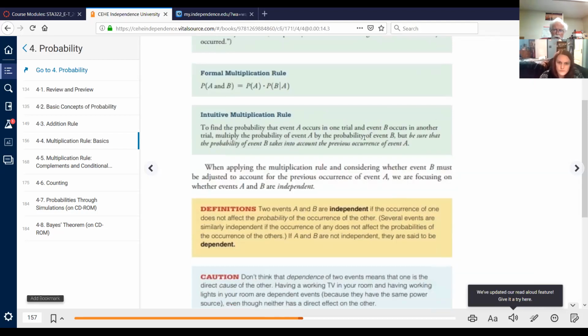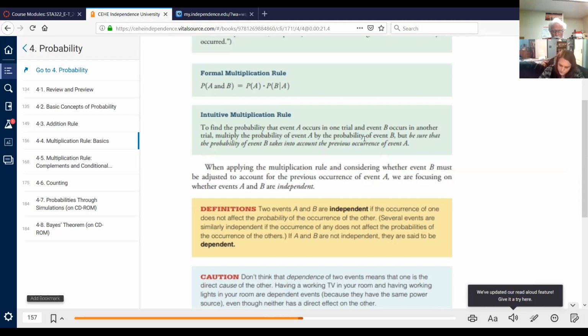So what we do is we multiply the probabilities together. So the probability of getting 2 6s in a row when you roll a single die is 1/6 times 1/6, which equals 1/36, which is less than 5%. So it's actually pretty unlikely, even though it happens fairly often, for you to get 2 of the same number in a row. It's just not likely.